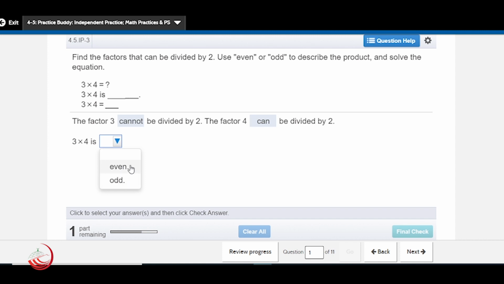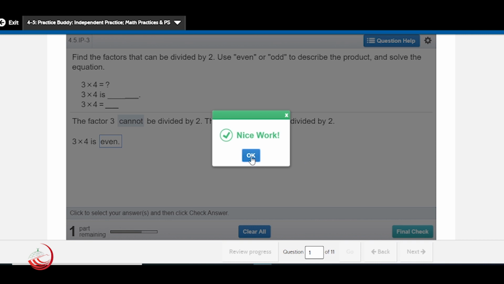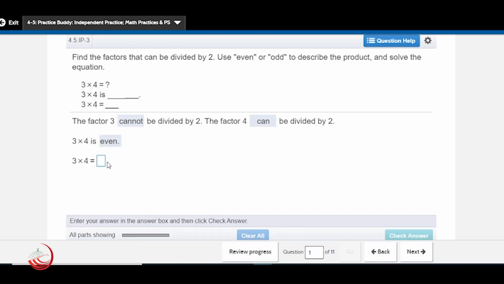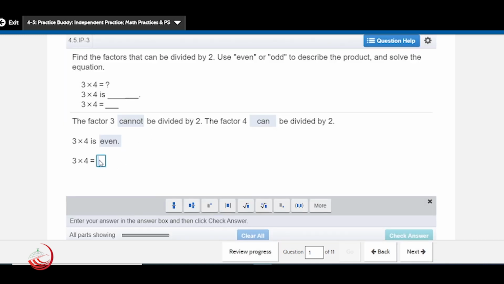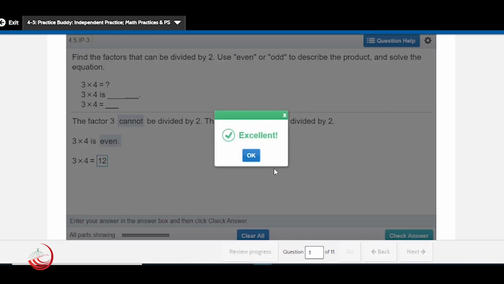Yes, the rule says that it is even. Now we'll make another check. Nice work. 3 times 4 equals? Yes, 12. Excellent.